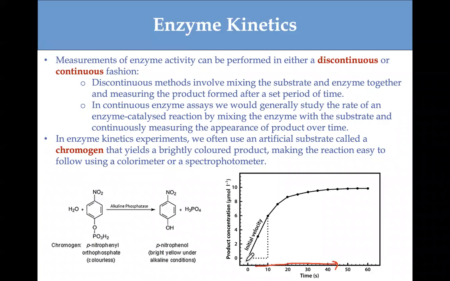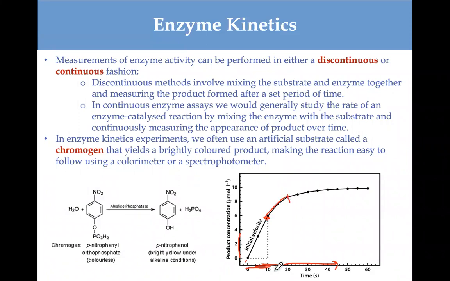We start from 0, and as we add more substrate, the product, or the velocity, increases. As we add more, the velocity is still increasing until we reach this point, where we are still adding substrate, but the velocity is not increasing as much as before; it's increasing less and less.